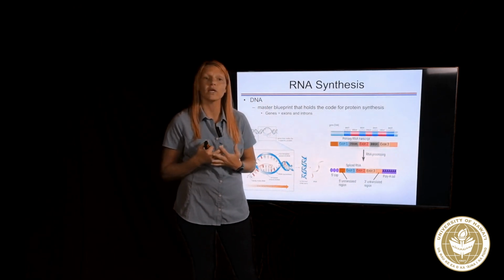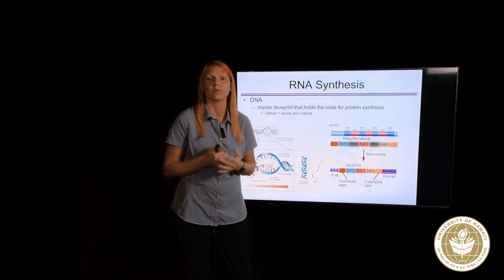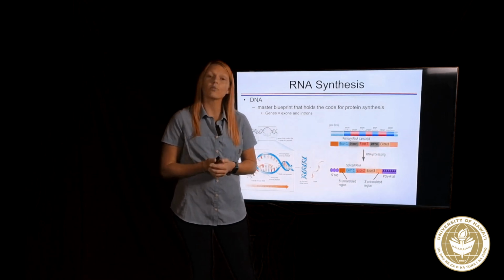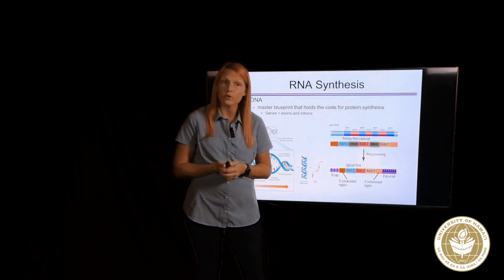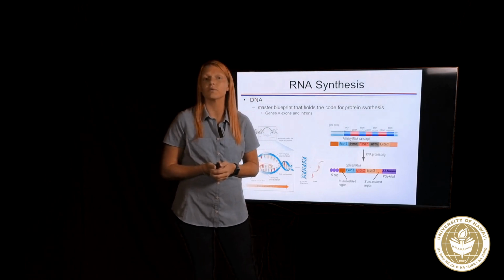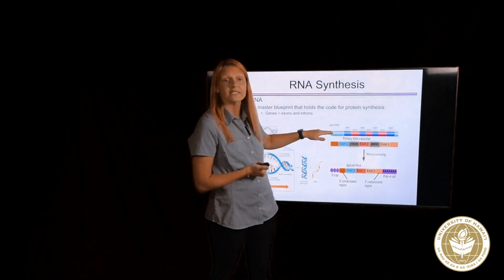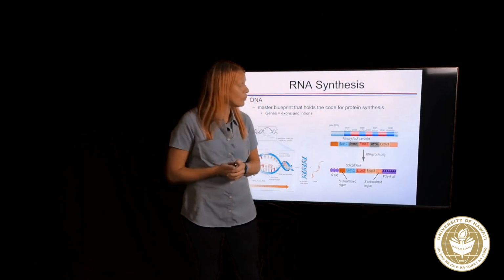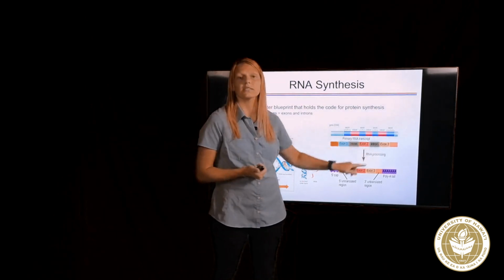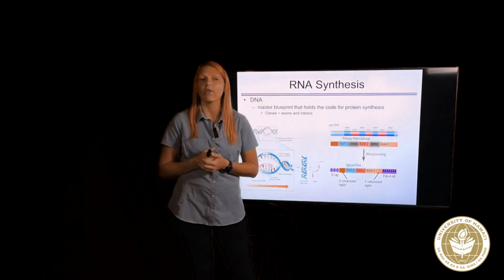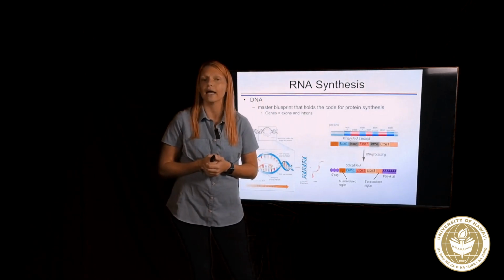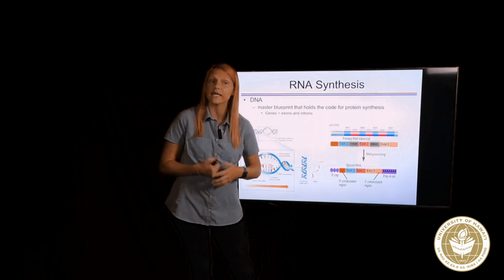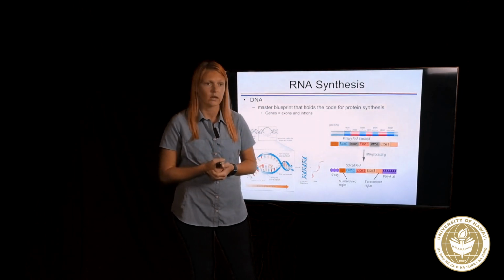They are non-coding segments. They're just interspersed amongst the exons. So the production of a functional protein involves the transcription of the gene from this DNA into the RNA. And we need to remove these introns and then splice together the exons, because again, those exons are our expressed sequences. That's what we want for our protein.